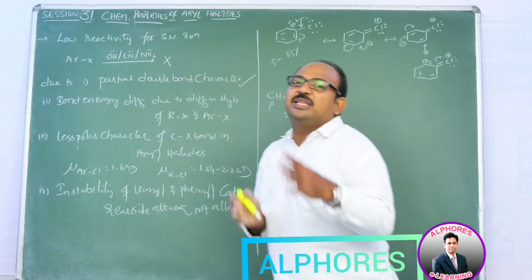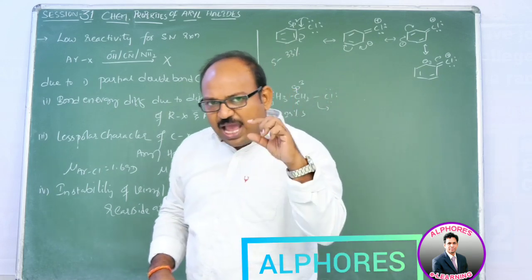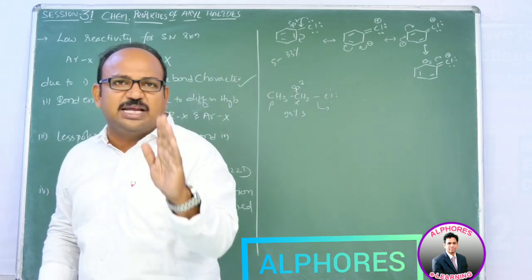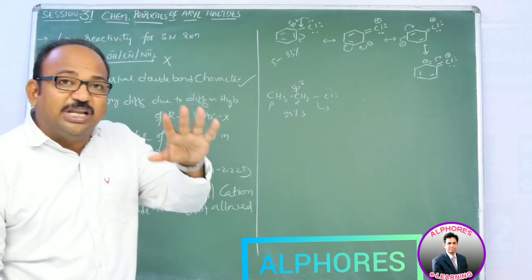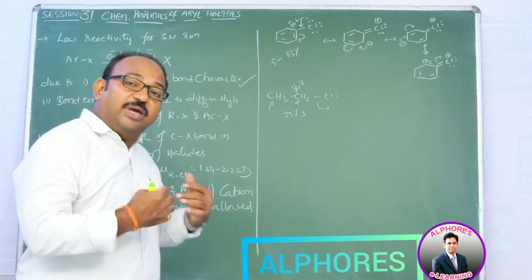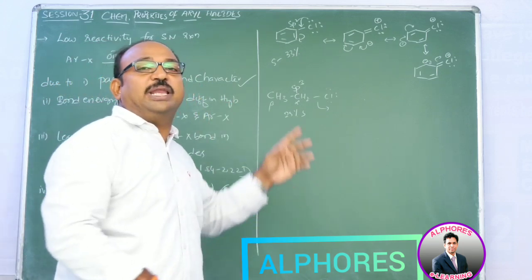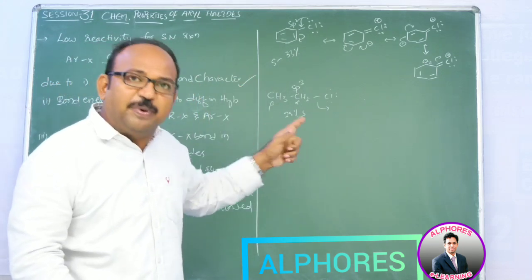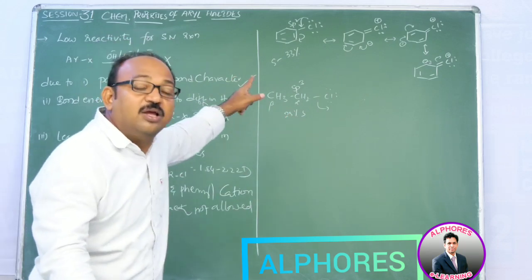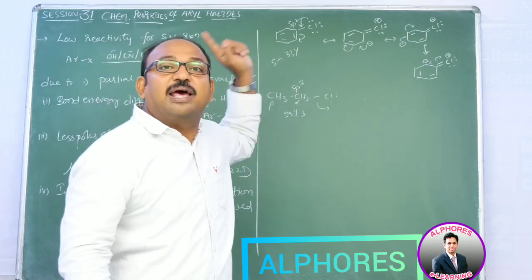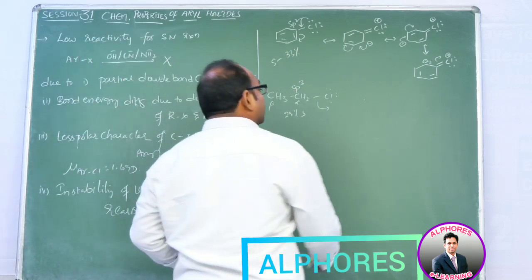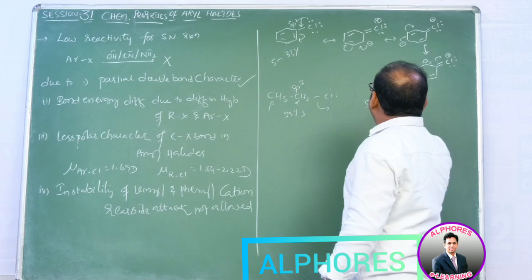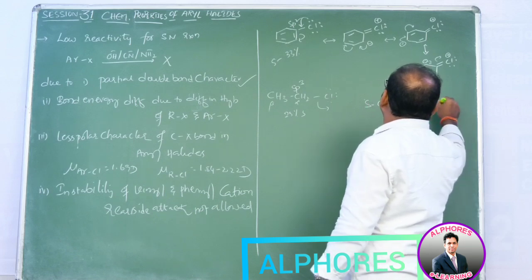That means in alkyl halides, the halogen-containing carbon has 25% s character, whereas the halogen in aryl halides is attached to a carbon with 33% s character. As we know, s character is directly proportional to electronegativity.